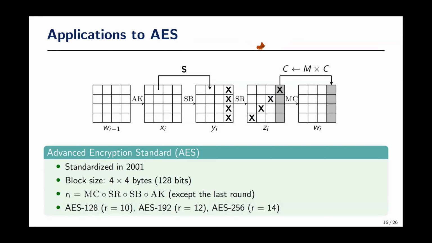There are 3 versions of AES: AES 128, AES 192, and AES 256. Our model is general, but we use AES 192 as an example because we got a good result for this version.